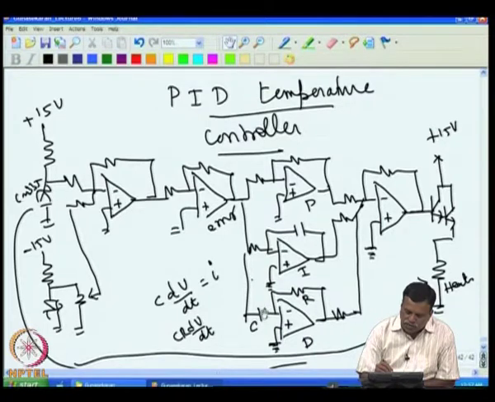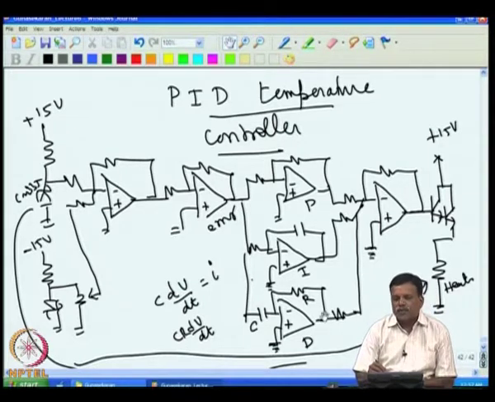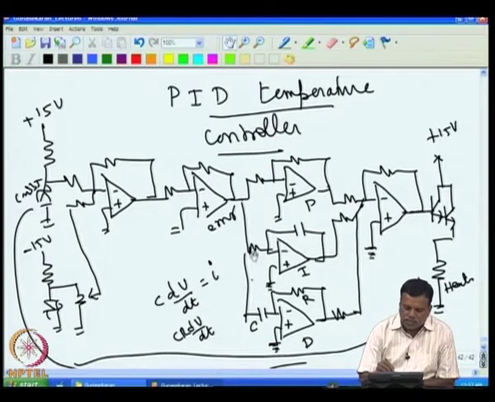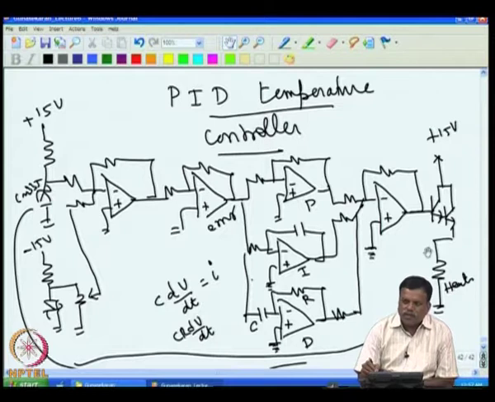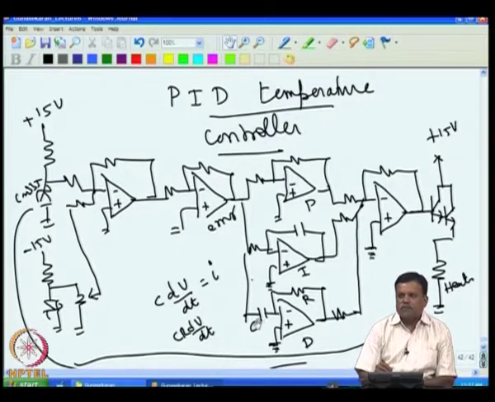If a large C is used, then CR into dV by dt is the output voltage here, and even a small change will produce a large change in voltage, and that can saturate, and we know that the system always has noise. So if I put a large C, even low frequency noise itself can produce a large voltage change here, and the system will be driven by the noise, not by the error. That is not desirable. We do not want the C to respond to the noise, it should respond only to the error.